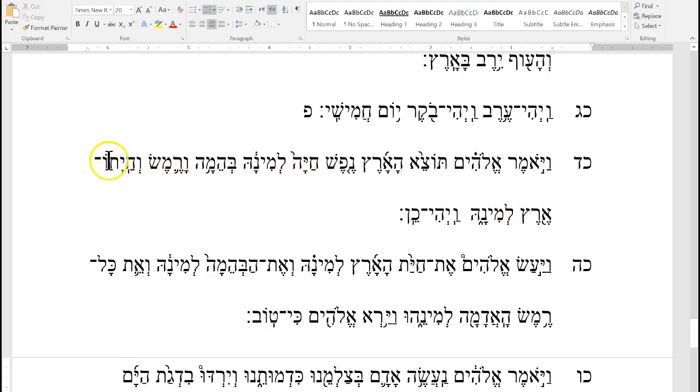And this is unusual, but it's construct. So the living things of the earth, lemineha, according to its kind, vayhi chen, and it was so.